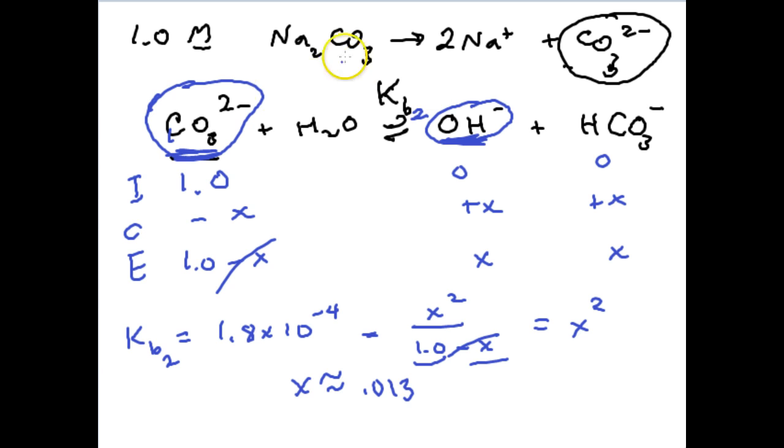Now the other thing that's happening is that HCO3 minus base, that was the conjugate acid in this base reaction. But this conjugate acid itself is a weak base too.